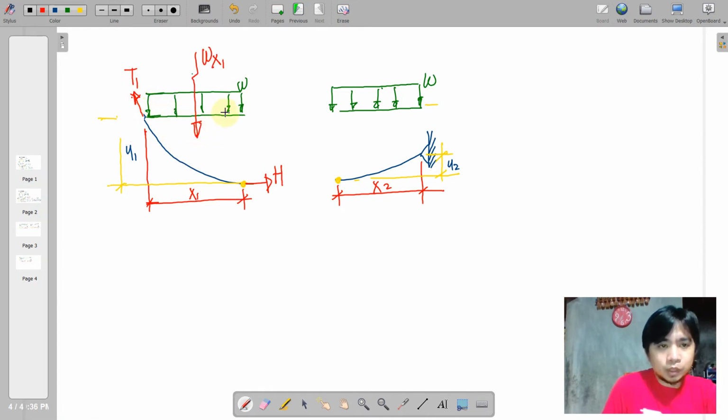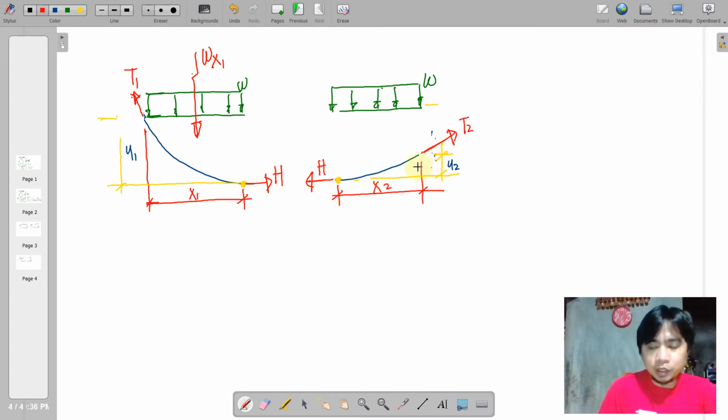So we also want to get the resultant of this distributed load here, that is W multiplied by the length, that is x1. Similarly, on the other side, our horizontal force here is also the horizontal force at the lowest point, but it is oppositely directed.